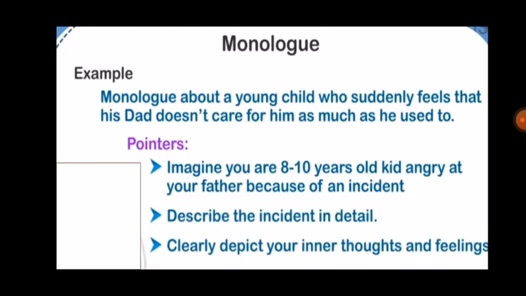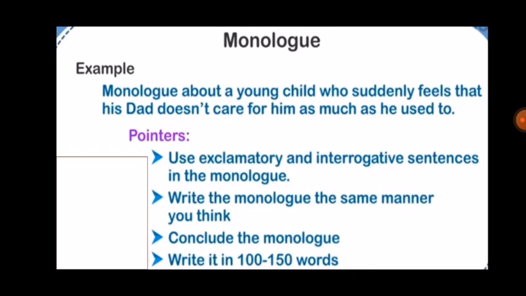Next, you can use interrogative or exclamatory sentences to convey your thought process clearly to the reader. Try to write the monologue in the same manner you think. So while writing the monologue, whatever is going on in your mind, that only you have to write.